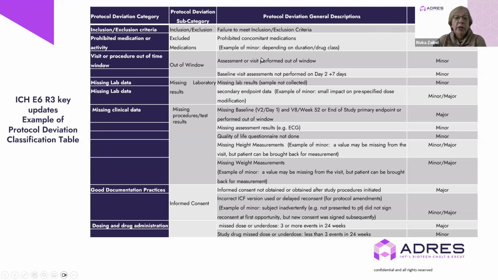So if we take just a few examples here, we have the inclusion-exclusion criteria, and the general description is failure to meet inclusion-exclusion criteria. In most cases, that will be a major protocol deviation, and a participant that had a major protocol deviation like that should have been excluded from the study.